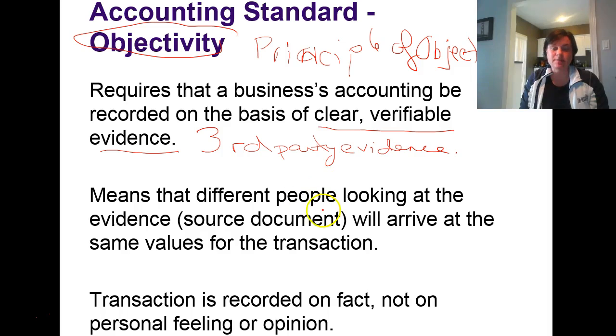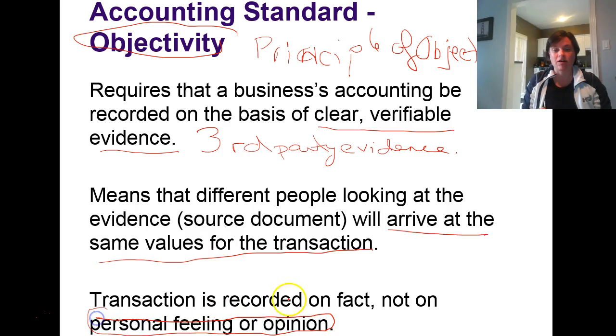And this means that different people, so if I was looking at this piece of evidence and you were looking at this piece of evidence and someone else was looking at this piece of evidence, that all of these people would arrive at the same values for the transaction, so that it's objective. It means that no one had to use their personal opinion or feelings to determine what was going on here. It's based on facts, based on the clear, verifiable evidence.